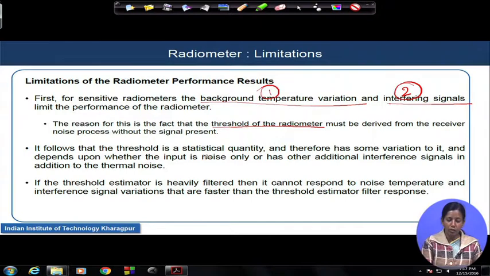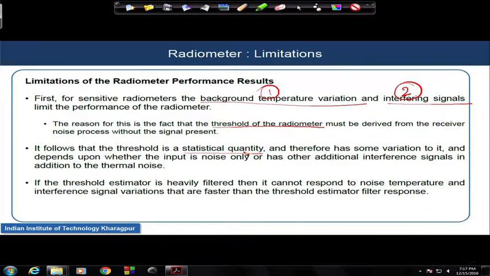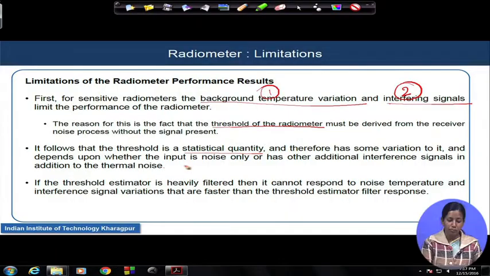So, it follows that the threshold is a statistical quantity, not a deterministic one, and it always has some variation on top of its selected value. Its statistical property largely depends on whether the input is only noise, on which you are selecting the TH, or a combination of the thermal noise as well as other interfering signals that are present.